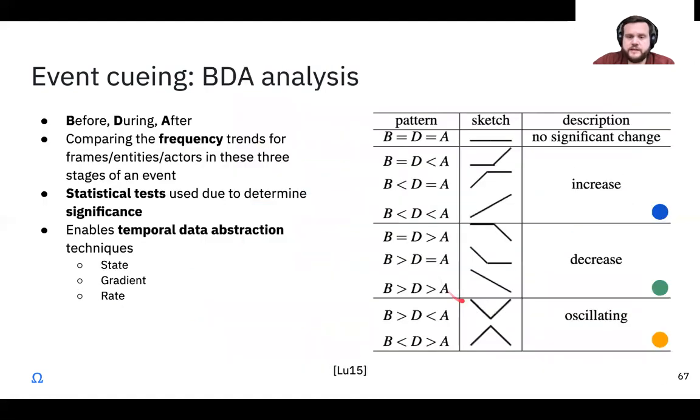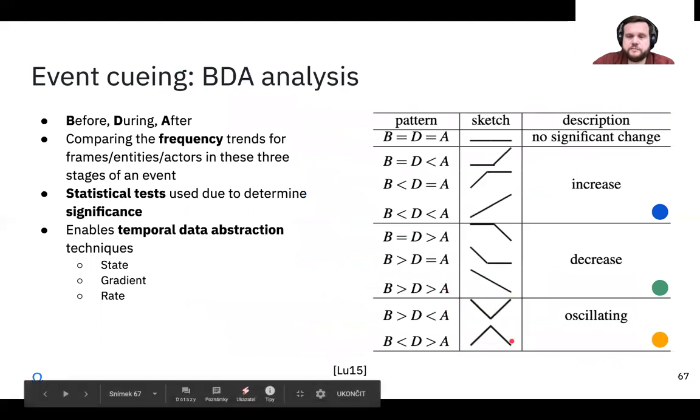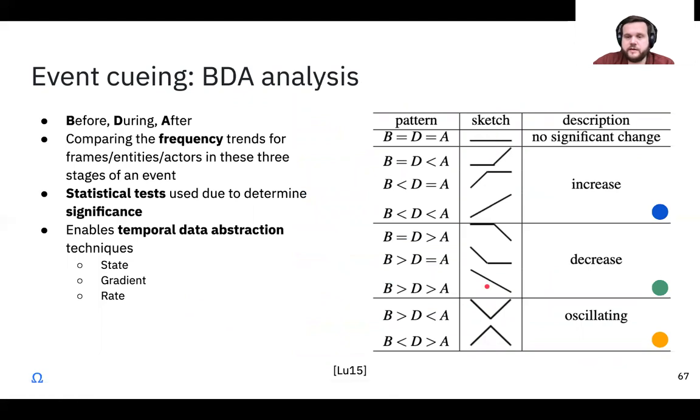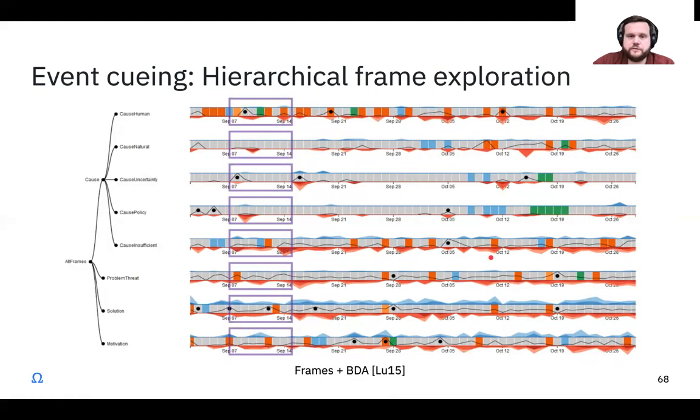It can be oscillating like this, or like this. Increase and decrease are similar. Different shades of green, orange, and blue reflect the different patterns that you might see, but for the sake of simplicity, let's focus on just the basic hues.